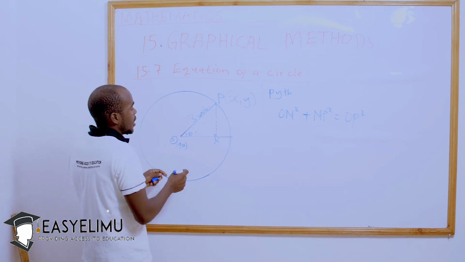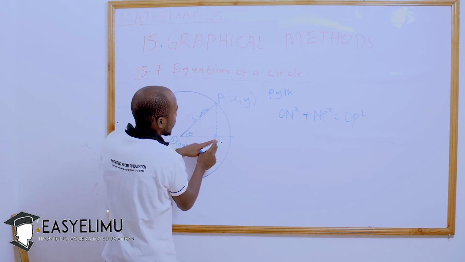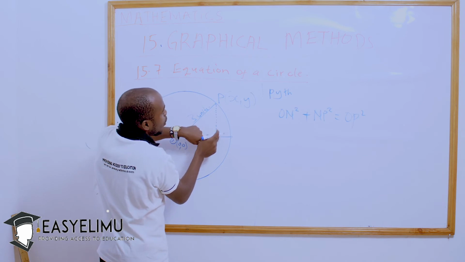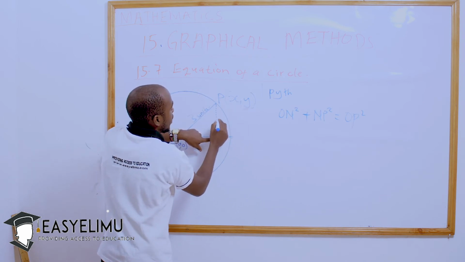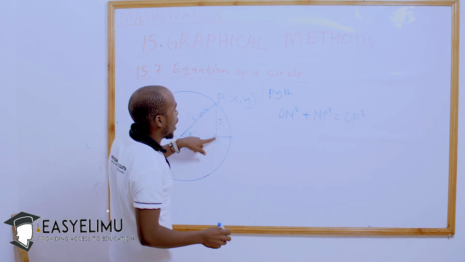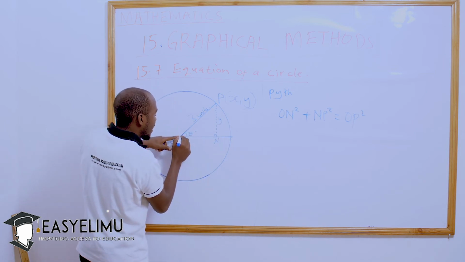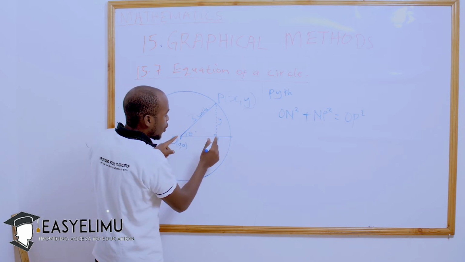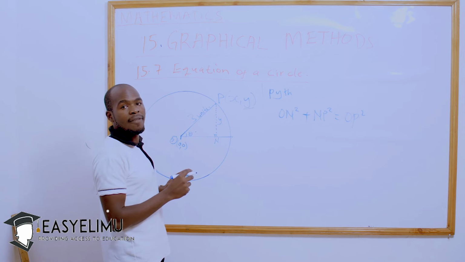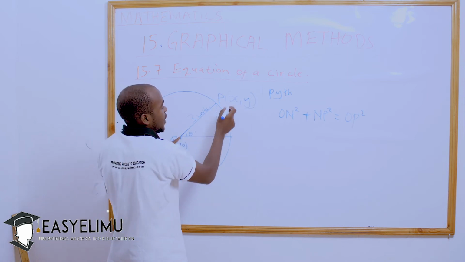And remember, P is displaced y in the y direction from the x-axis. And from the center O to point N, you will cover a distance of x, as you can see.